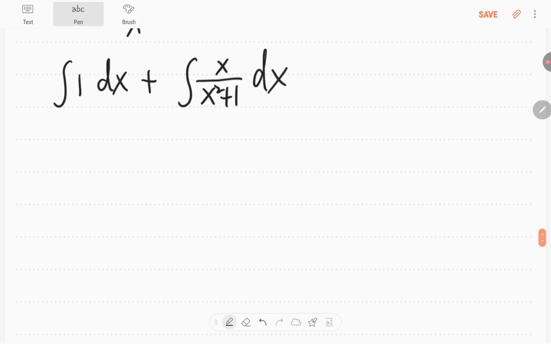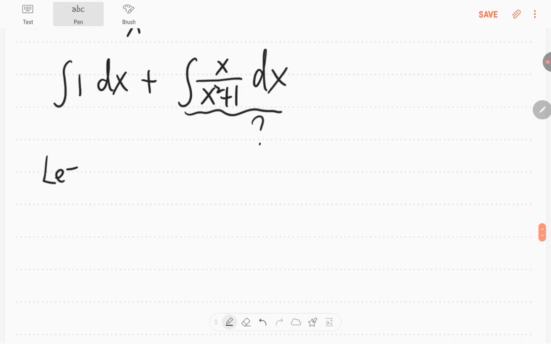You can use the antiderivative of 1, which is x, because the derivative of x equals 1. So you can get the first integral easily. What about the second one? For the second one, we need to use the substitution method.